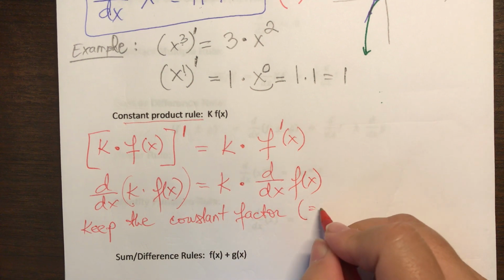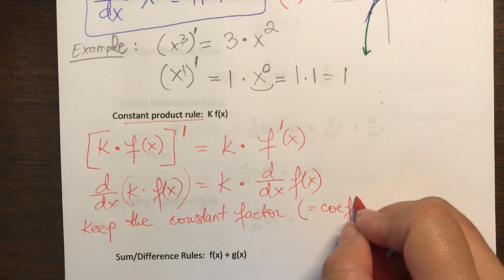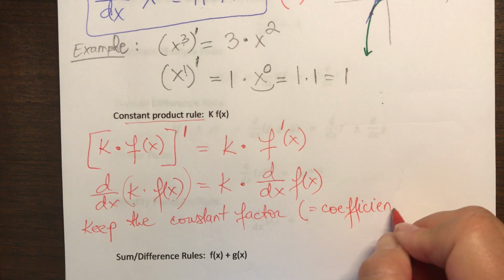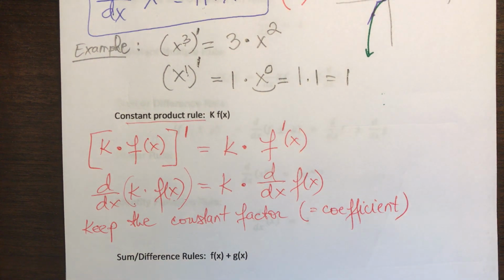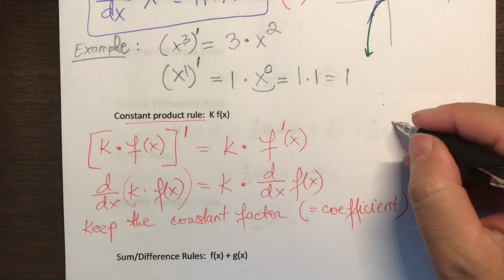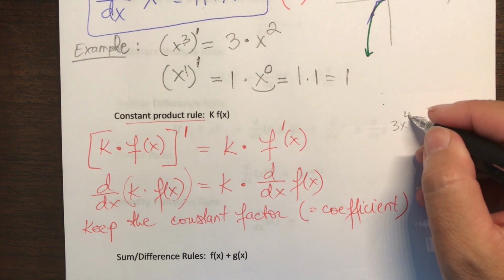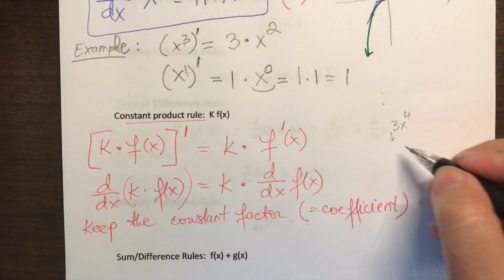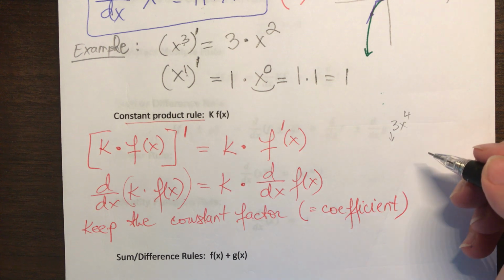We call this the coefficient also. Remember, if you have, let's say, like a 3x cubed, or let's say 3x to the fourth, the 3 is called the coefficient, right, of this.